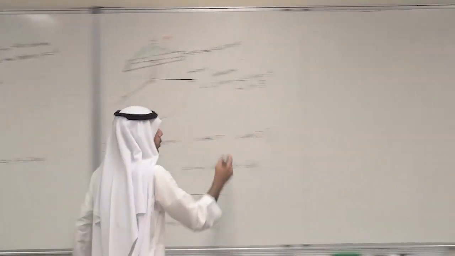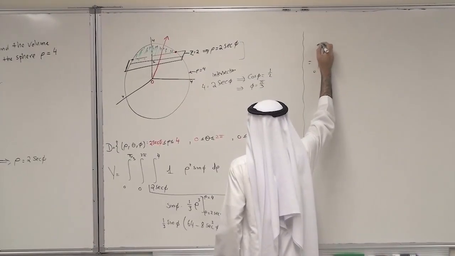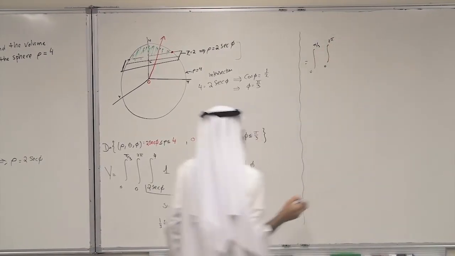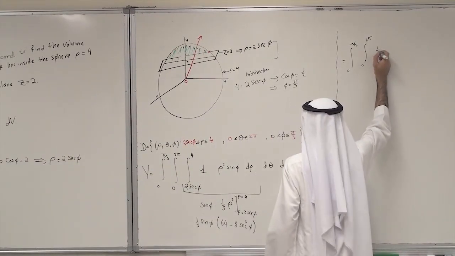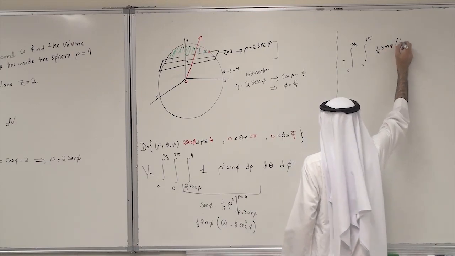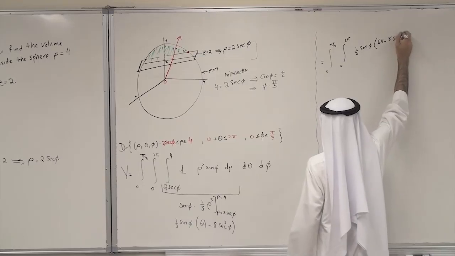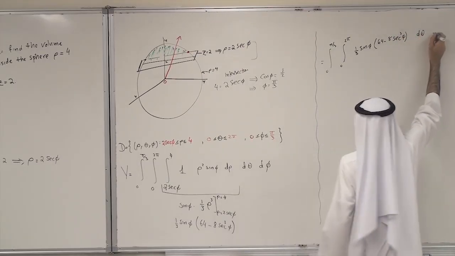So now I have the integral from 0 to pi over 3, 0 to 2 pi, of 1/3 sine phi times 64 minus 8 secant cubed phi d theta d phi.